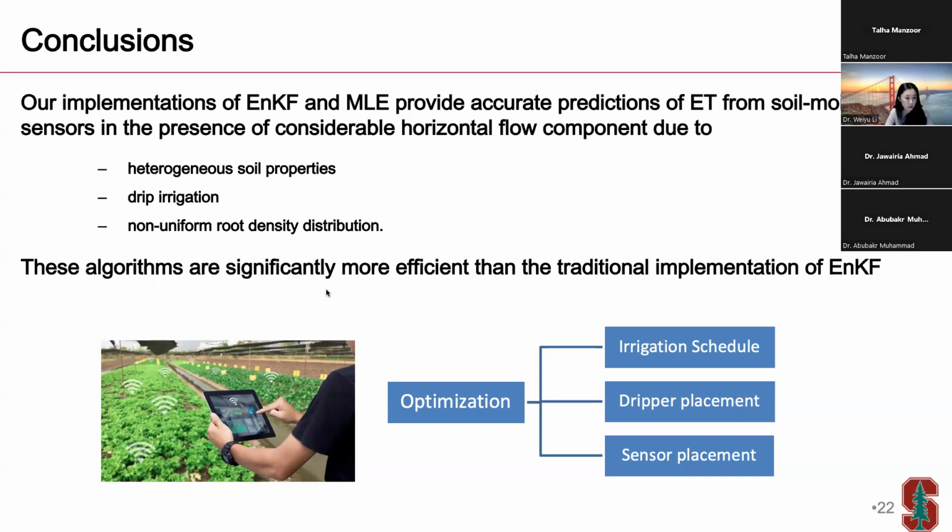These algorithms are significantly more efficient than the traditional implementation of the ensemble Kalman filter that updates the soil moisture. And these 2 strategies could facilitate their development as design tools for smart agriculture, for the optimization of irrigation schedule, dripper placement, and sensor placement.